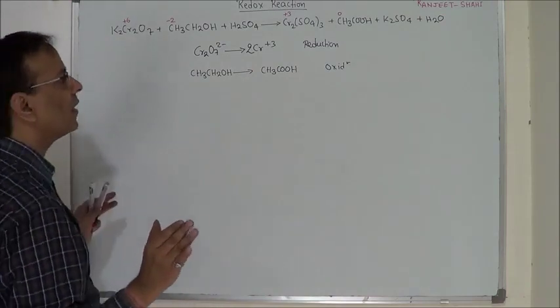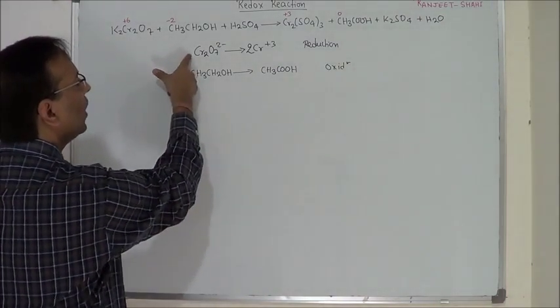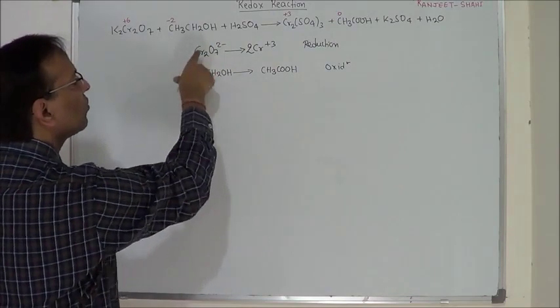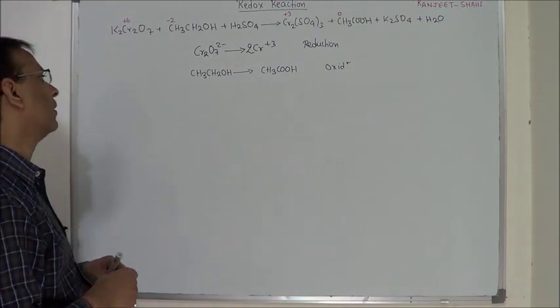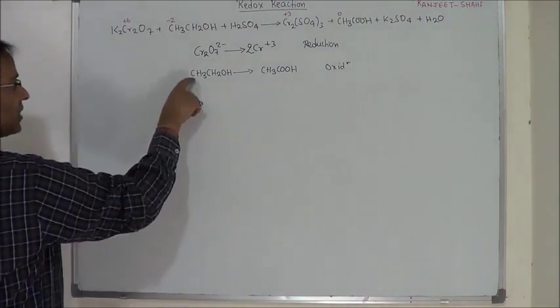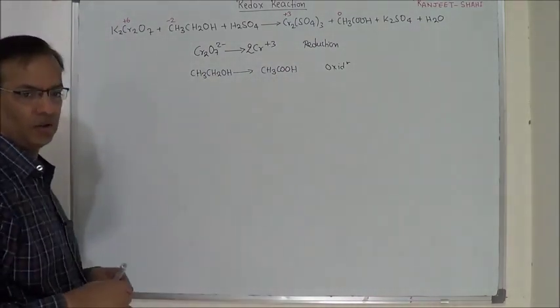And it is always recommended that you maintain coefficient 1 here. Why? We have to take 1 unit for balancing the change in oxidation number. In the second, we have 2 carbon, so the elements are already balanced.